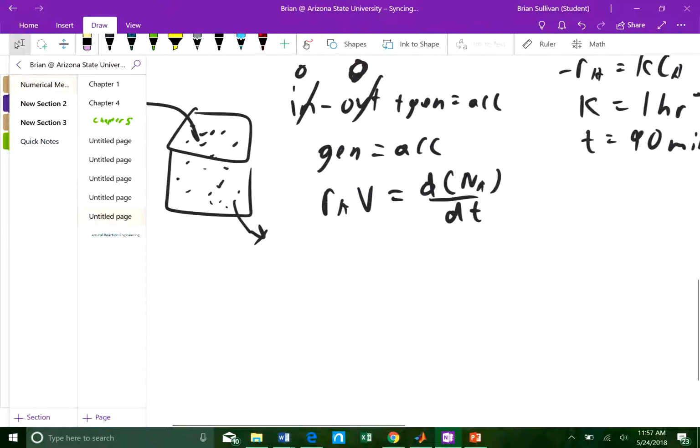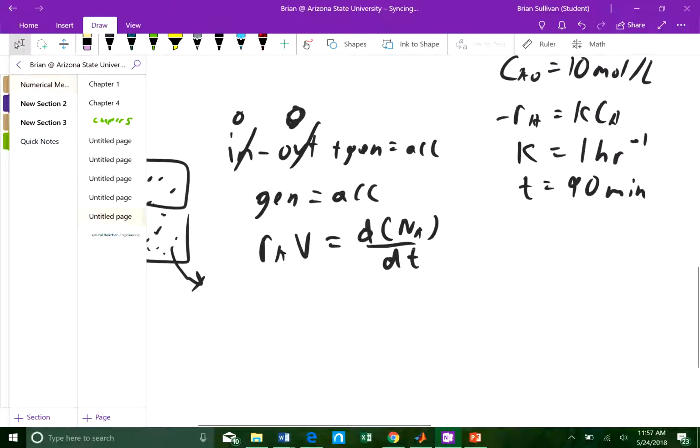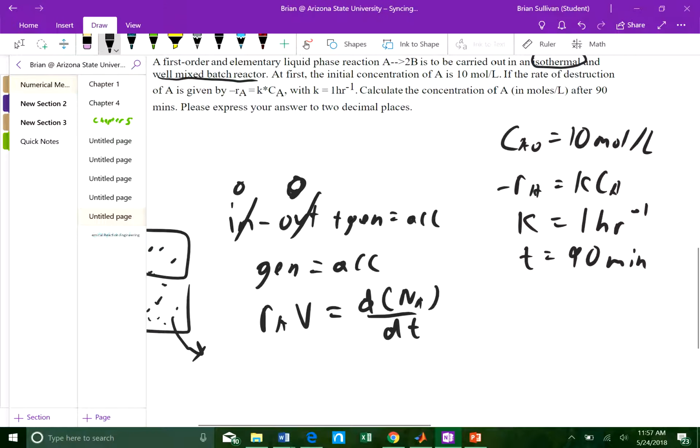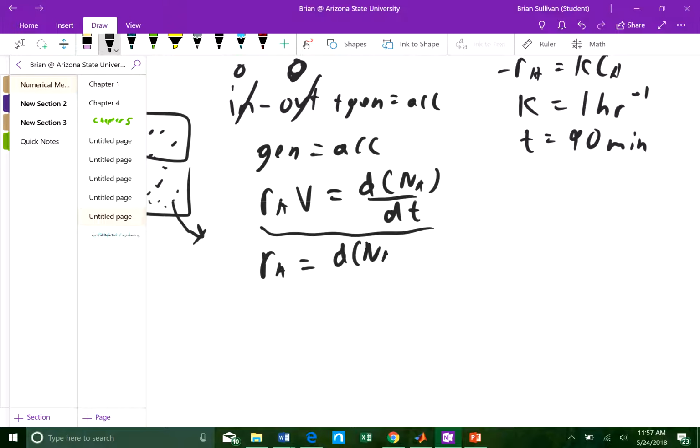We're solving for time. Are we given the initial amount of moles? No, we're not. We're not even given a volume, so we couldn't get the initial amount of moles. But we can make this whole formula in terms of concentration by dividing volume to the other side.